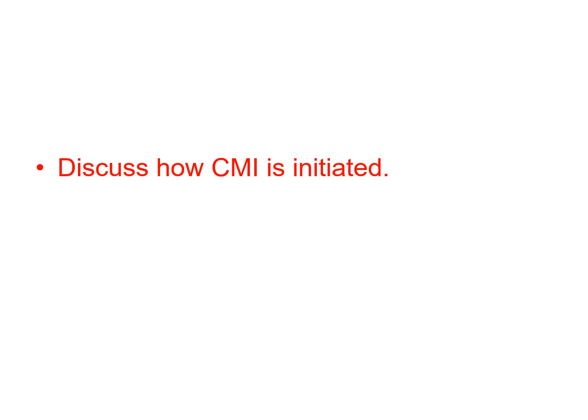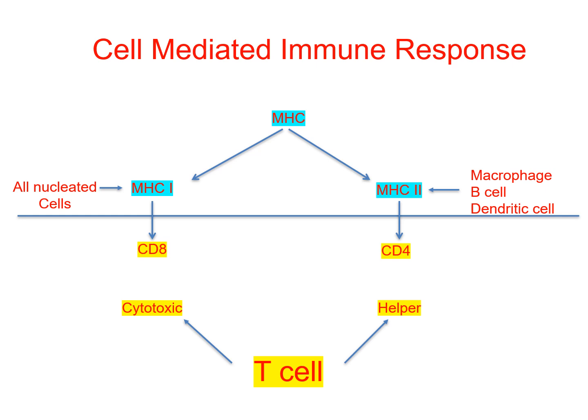Let's see how that is initiated. Remember, the T helper is one type and T cytotoxic. The helper has CD4, the cluster of differentiation 4, and the cytotoxic has CD8. CD8 binds to MHC1 on the antigen presenting cell, and CD4 binds to MHC2 on the antigen presenting cell.